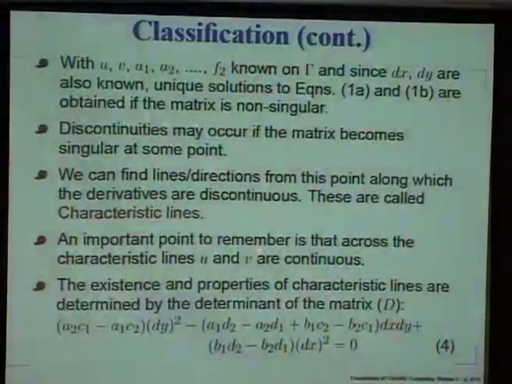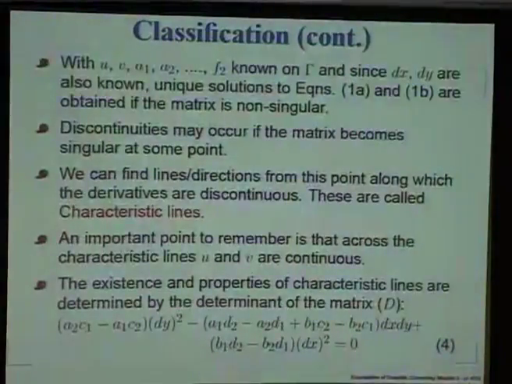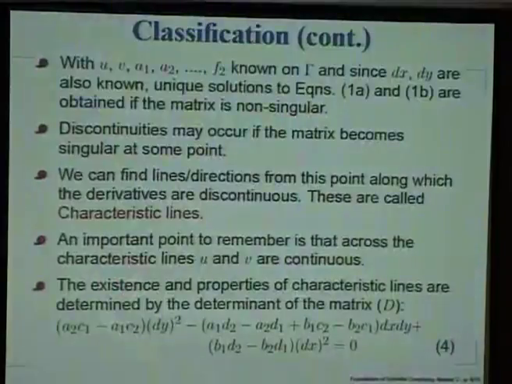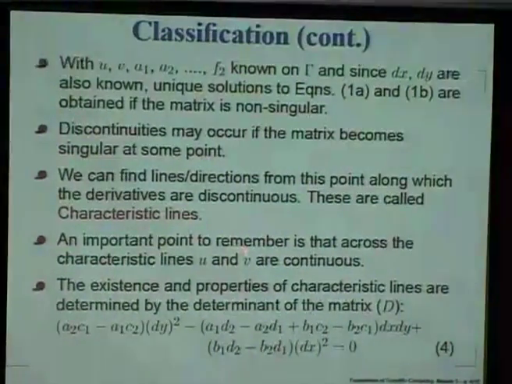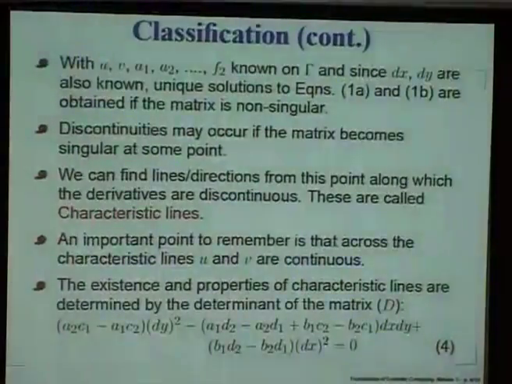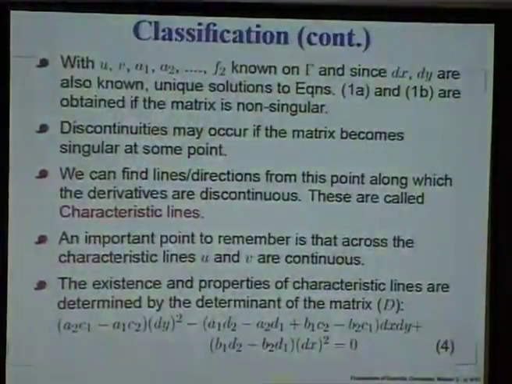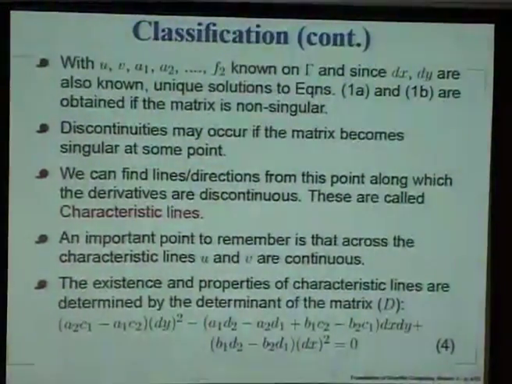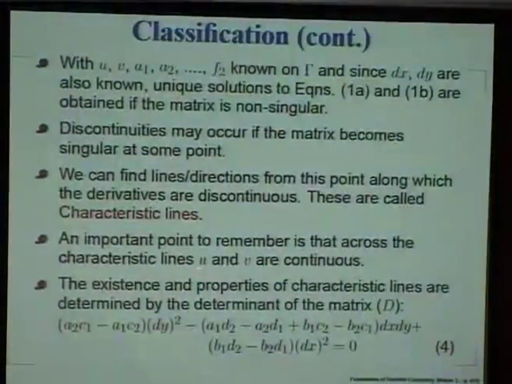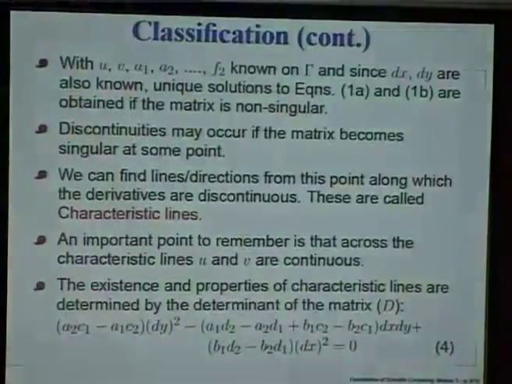We ought to remember though that we are talking about discontinuity in terms of the derivatives, but the functions by themselves, the dependent variables, are continuous. So, please do not misconstrue this point. This discontinuity is about the derivatives, not about the function itself.